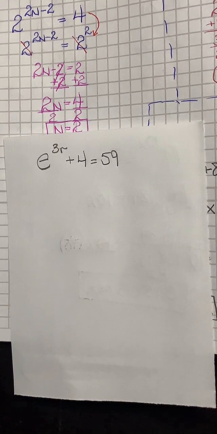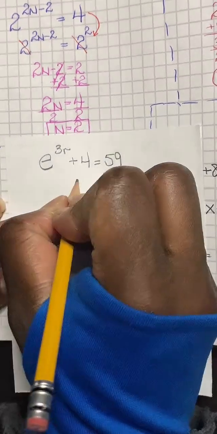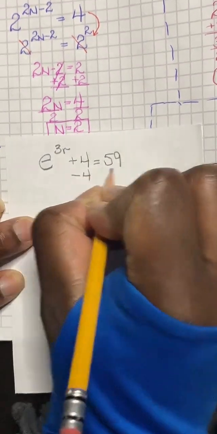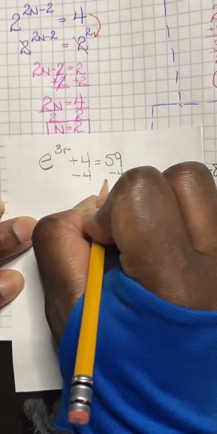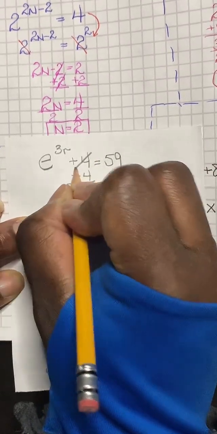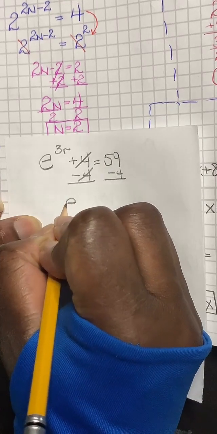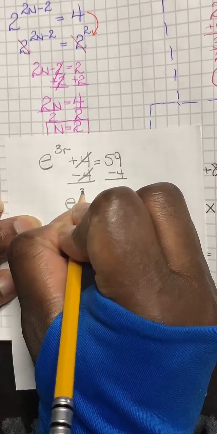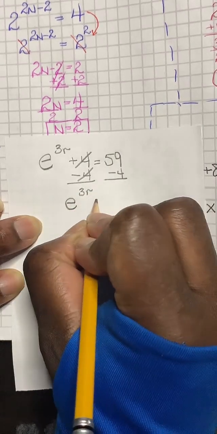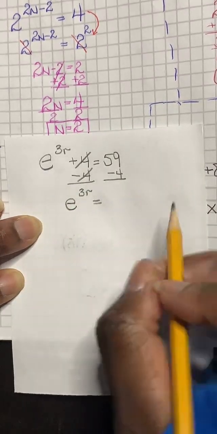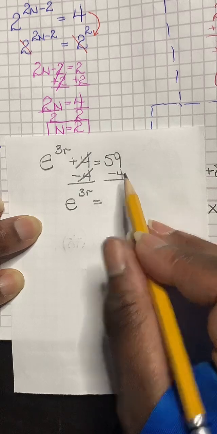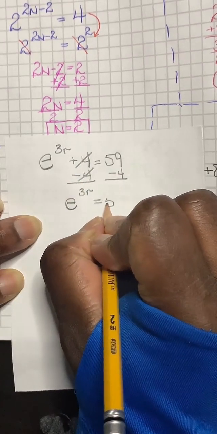Okay, so we're going to subtract 4 on both sides. That is our first step. So now we're going to bring down our e raised to the 3r. It's going to equal 59 minus 4, which gives me 55.